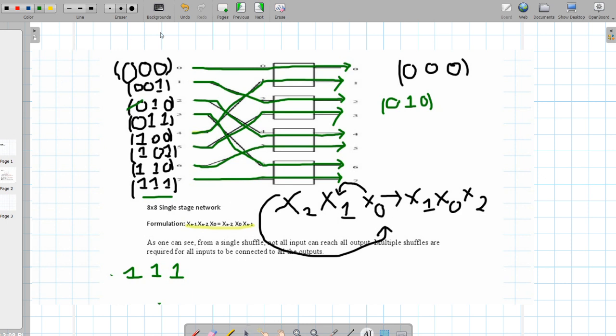Here, another thing which I would like to mention is the length of address space.